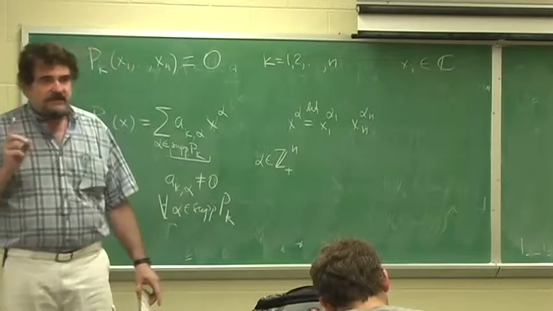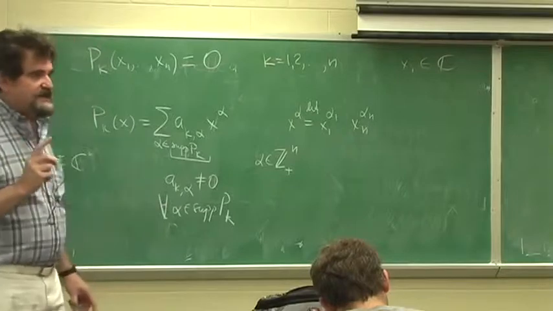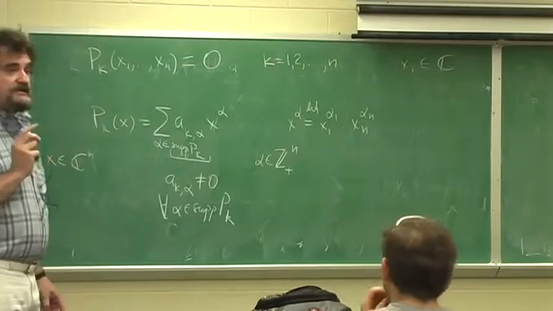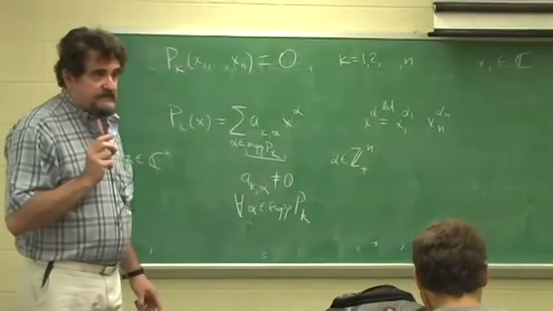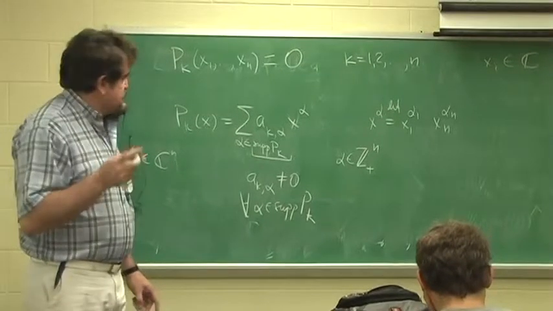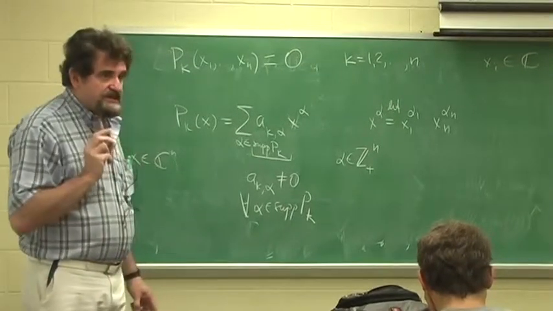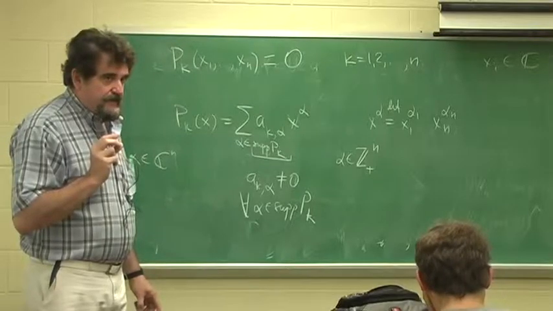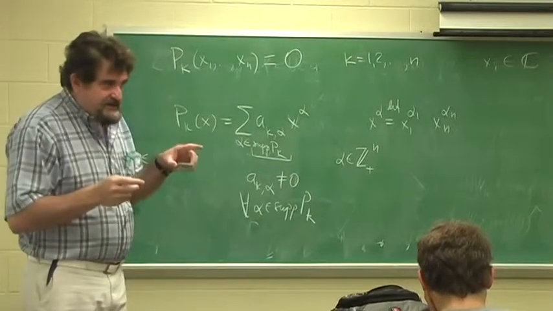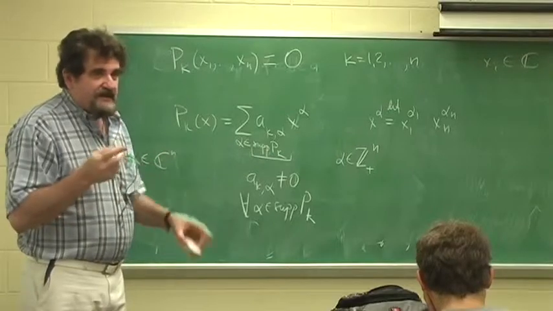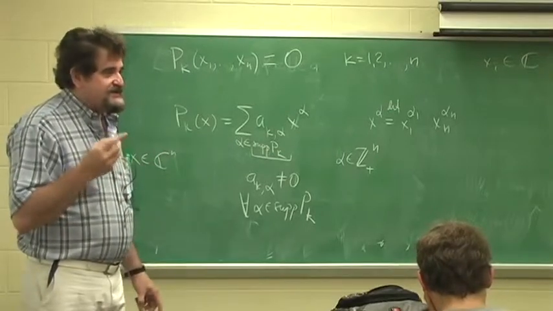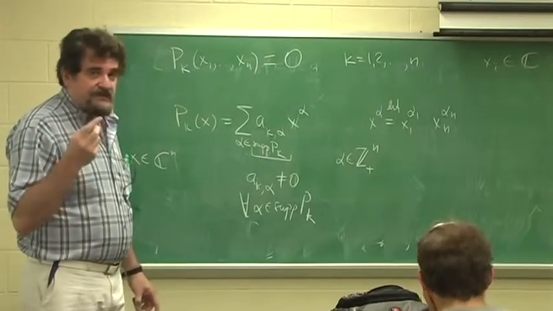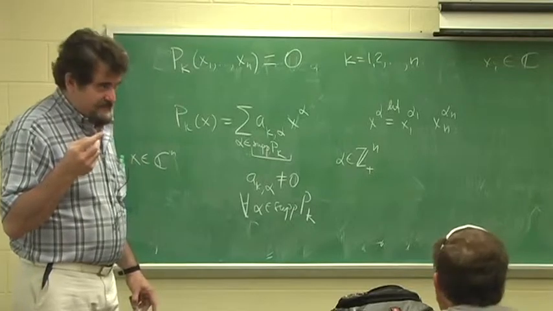So, please note that the whole problem is coordinate sensitive, because the notion of the support is coordinate sensitive. If I change the coordinates, coefficients which used to be 0 may become non-zero, and vice versa. Okay?